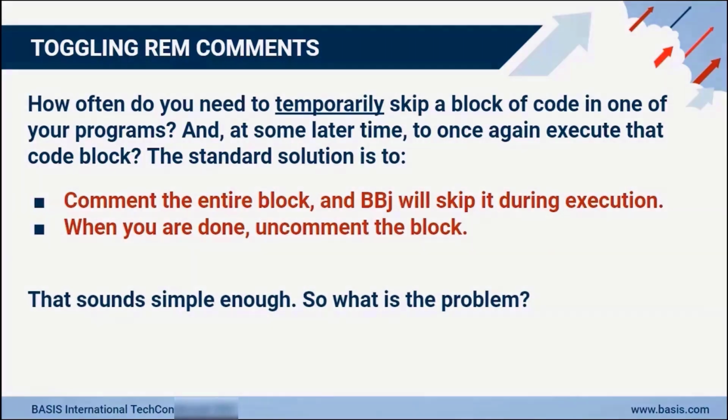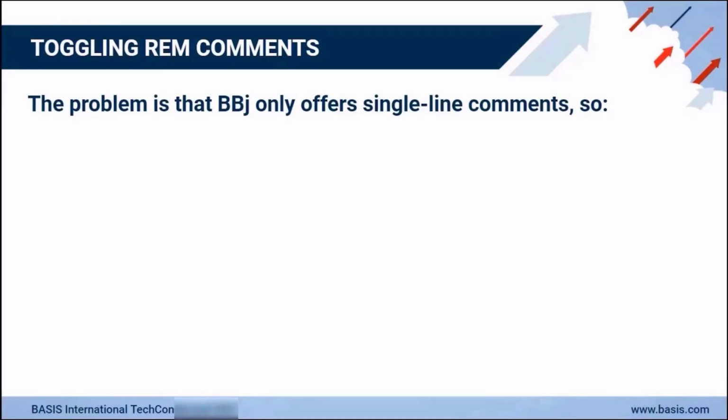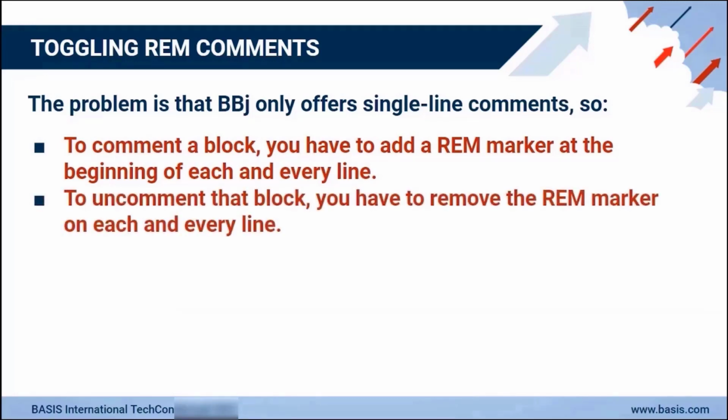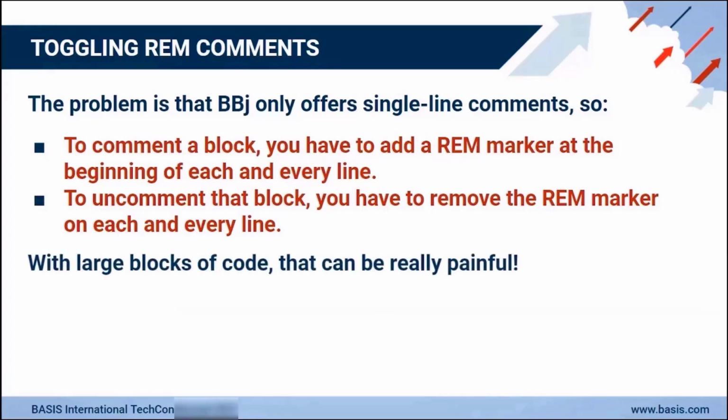The problem is that BBJ only offers single-line comments, so to comment each line of a block, you would have to add a rem marker at the beginning of each and every line. To uncomment that block, you would then have to go and remove the rem marker from that same set of lines, one at a time. With large blocks of code, this could be really painful.